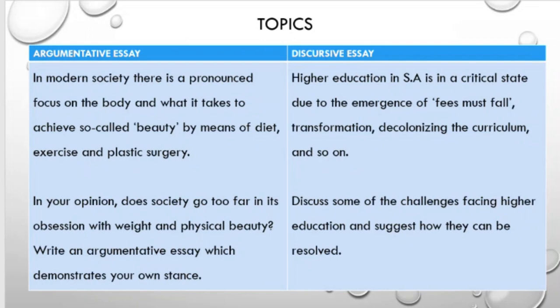He's saying that there is obsession in society about weight and physical beauty. And he says that some people exercise and eat according to a diet menu. But I think it is not capturing what I'm looking for in terms of the summary of ideas that you would use to address the topic in full.